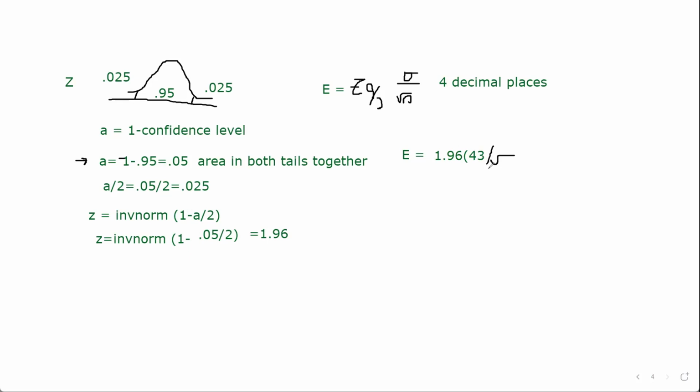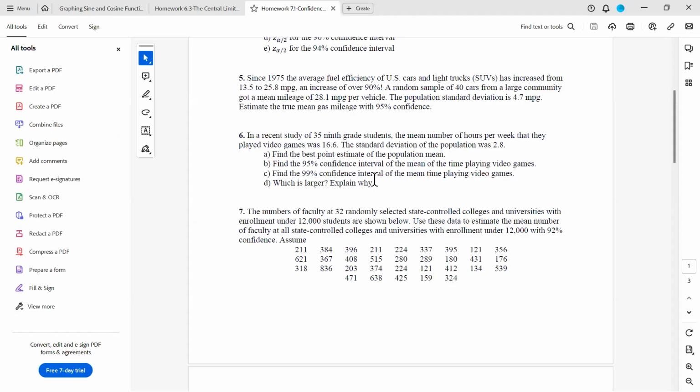I'm sorry, Shauna, where do we get the 43 from? Let's go back to here. I'm sorry, it's not 43. I was thinking about Jay's problem earlier. Would it be the 2.8? n is 35 in this problem.